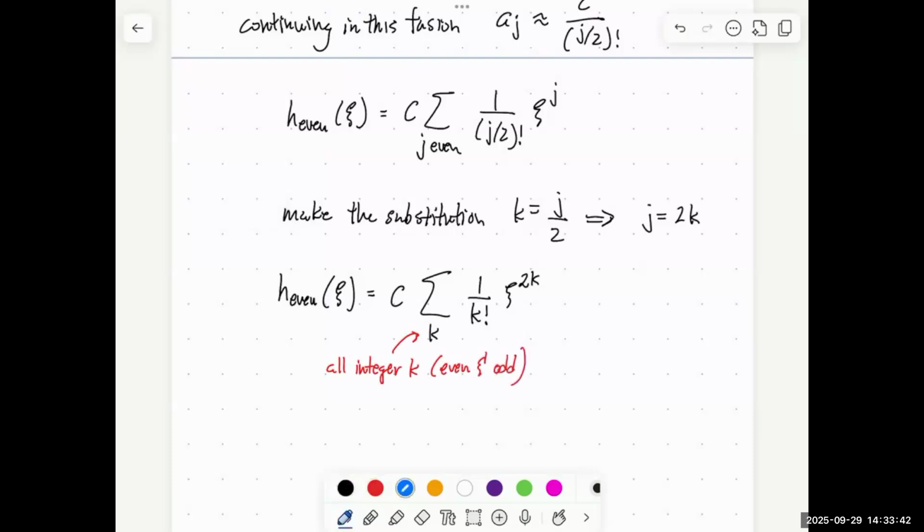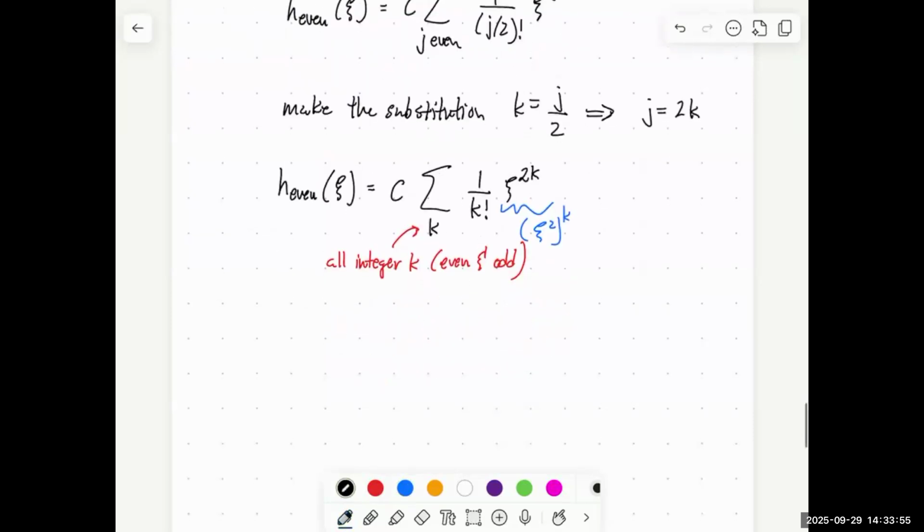The other thing I'm going to do is say z to the 2K is the same thing as z squared to the power K. And so what we have then is C times the sum over all K of z squared to the K over K factorial. Now, what does this look like? What is the sum of x to the n over n factorial?